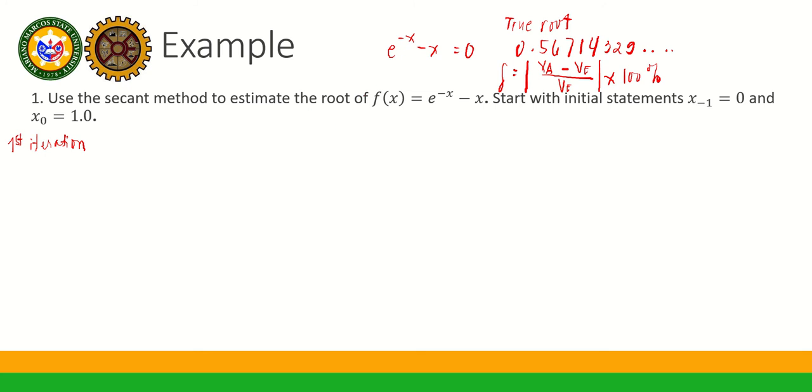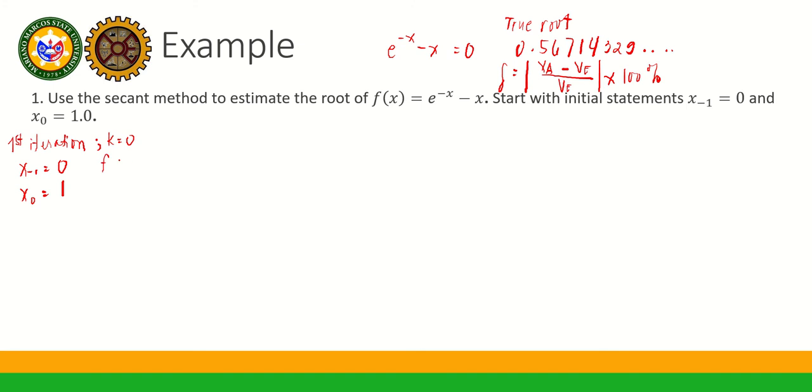Okay? So, first iteration natin at k equal to 0. So, si x sub negative 1 natin is equal to 0. X sub 0 natin is equal to 1.